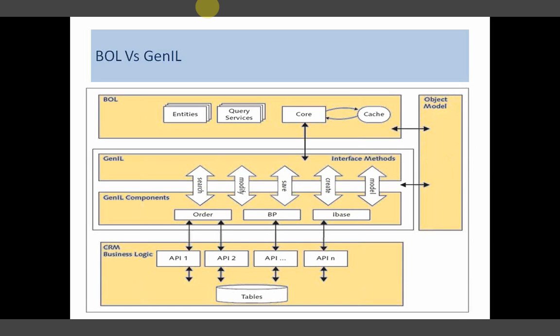Why do we need a Genil object model? Because we are fetching data from the APIs. That's fine, we are fetching the data, but the data should be processed and stored somewhere. To store that temporary data, we use Genil objects.